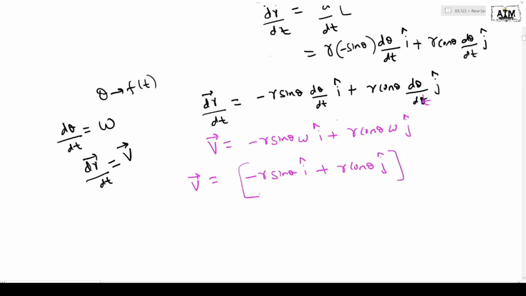This is the required expression for linear velocity of a particle performing circular motion.